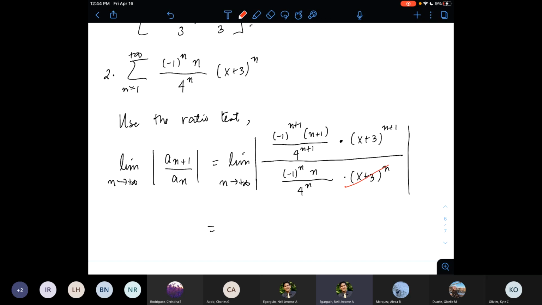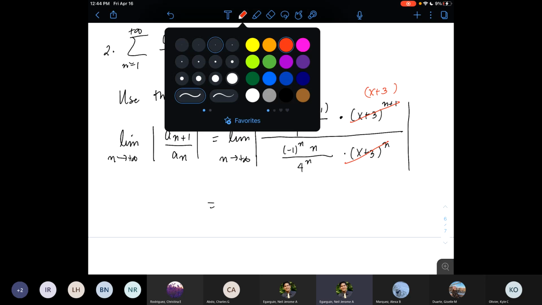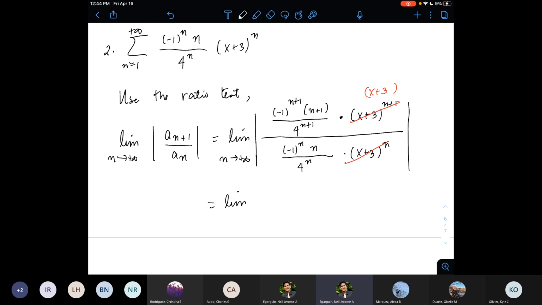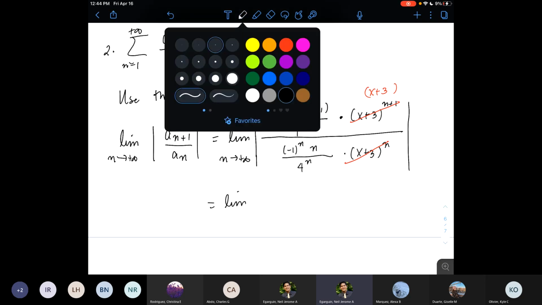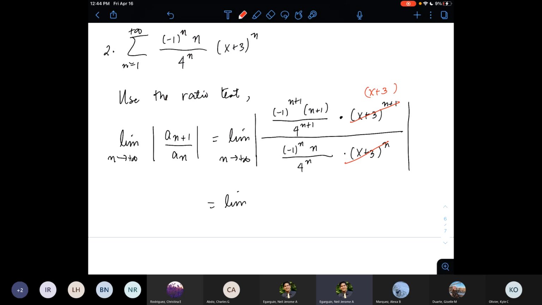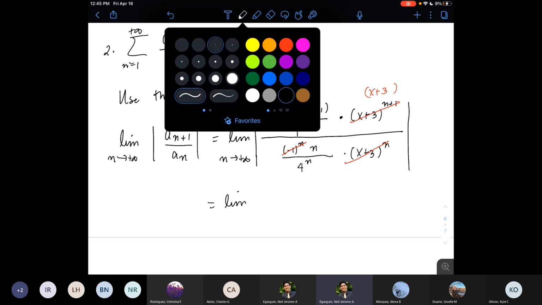I know that this guy will be canceled by this guy, leaving us with an x plus 3 on top. So essentially what we got right now is the limit of, well, the absolute value bars will do us some wonders. Specifically, this will be canceled by this one supposedly, leaving you with a -1 on top, but we are inside an absolute value, so you can ignore that -1 there.